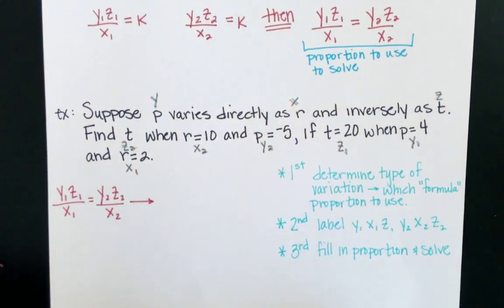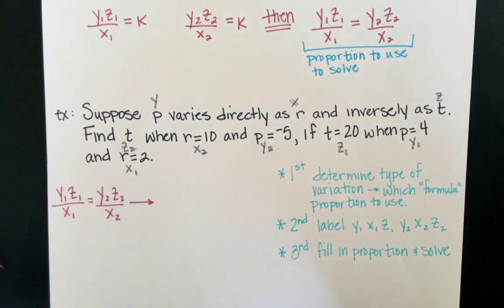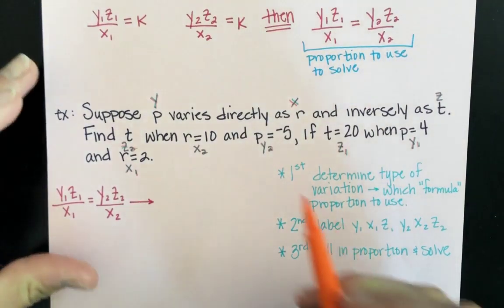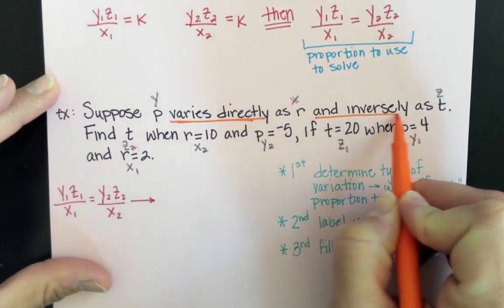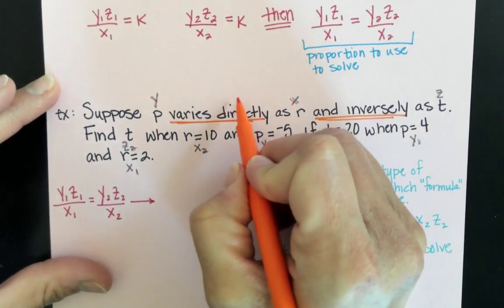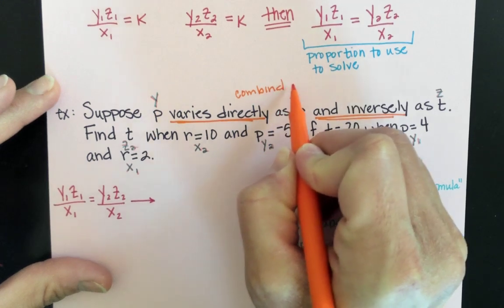And honestly, at this point, nothing has changed. It's just what formula do we start with. So first thing is determine which variation. So varies directly and inversely tells me that this is combined.